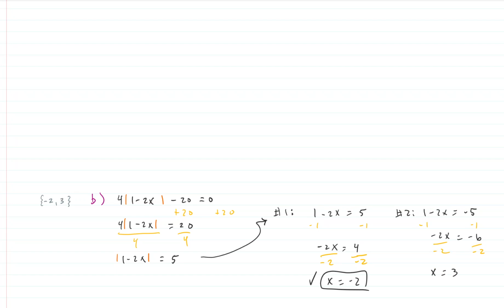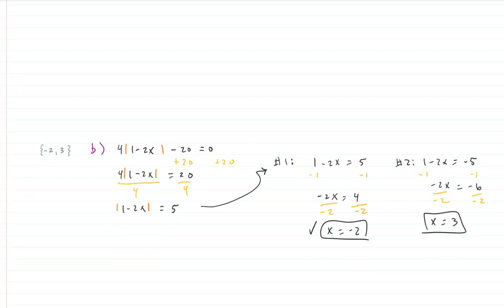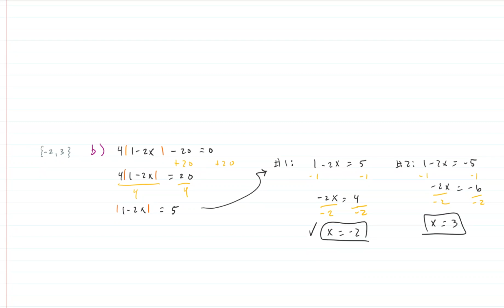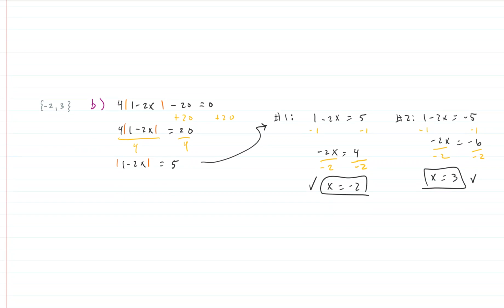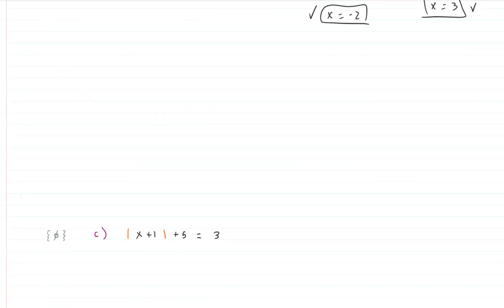That gives us x equals 3. We can plug that back into the original equation and verify that it gives us a true statement. I'll leave that for you to do if you like. That is also a valid solution. X equals 3, so we have two solutions: x equals negative 2 and x equals 3. Not too bad, huh? Let's do another one.